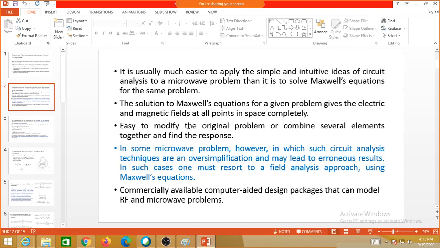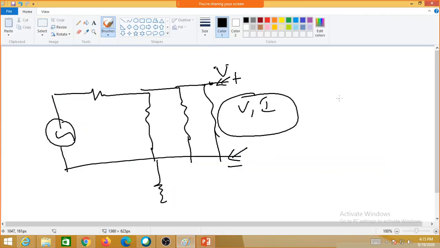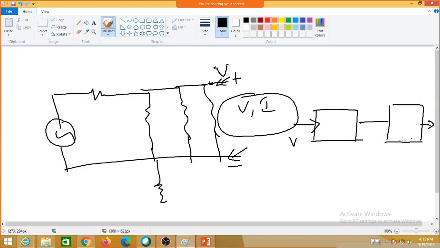Now it is easy to modify the original problem or combine several elements together and find the response. For example, if you take one microwave circuit and another microwave circuit and combine them, and you apply some voltage at the input, what is the voltage at the output?